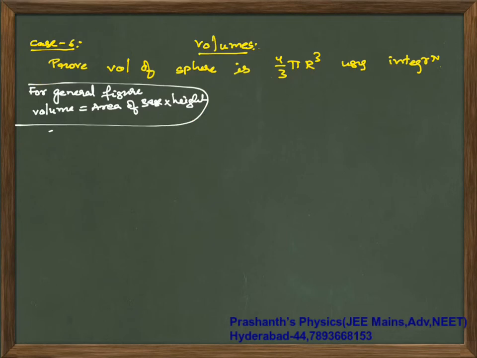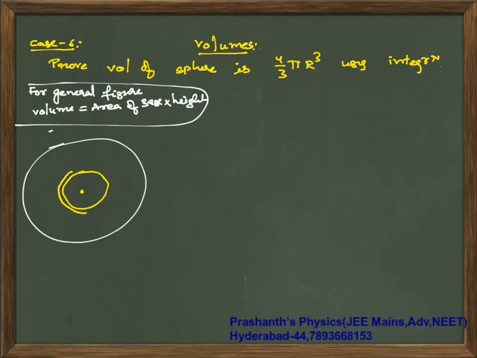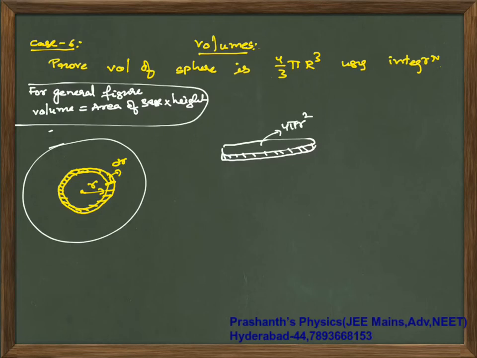I will tell you. Now let us say you have a sphere. Okay, for this sphere, let us say you have a small strip. So for this small strip, if the radius is r and the width is dr, now your small volume, if you cut this patch and spread it like this, then this patch will have a surface area of 4 pi r square, because this is a spherical shell.